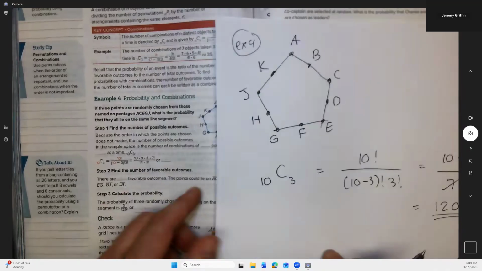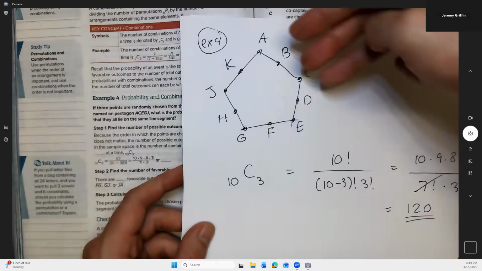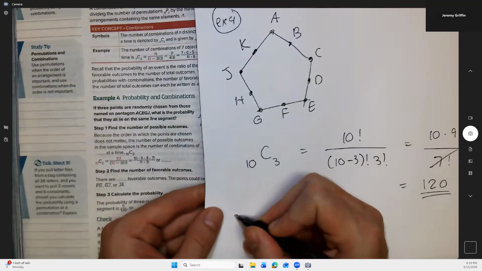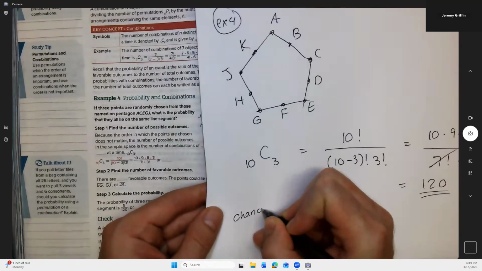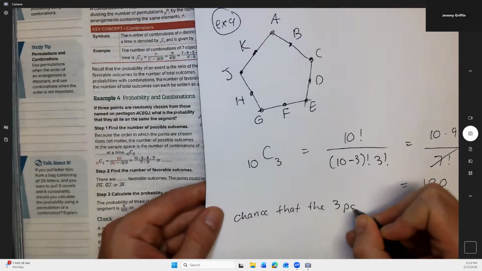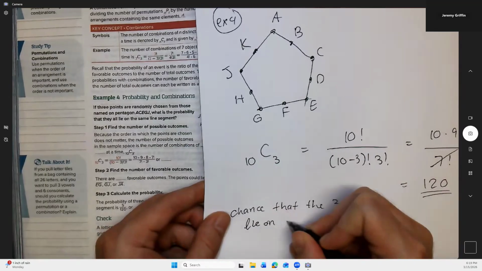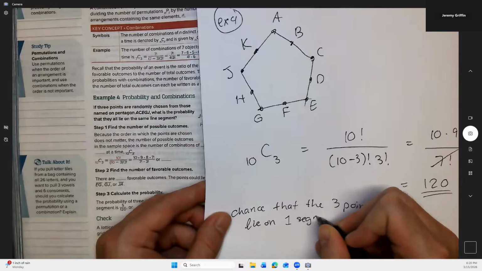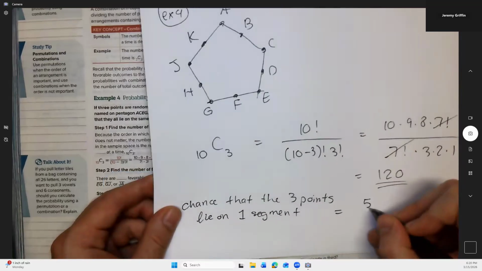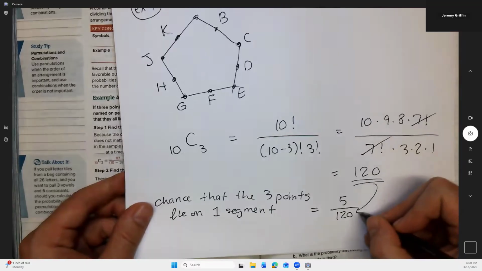If we want the 3 points to specifically lie on a line segment, remember before we counted there are 1, 2, 3, 4, 5 different ways for that to happen. So the probability that the 3 chosen points lie on one segment is, well, there are 5 different ways for that to happen out of 120 different ways to choose all these points.